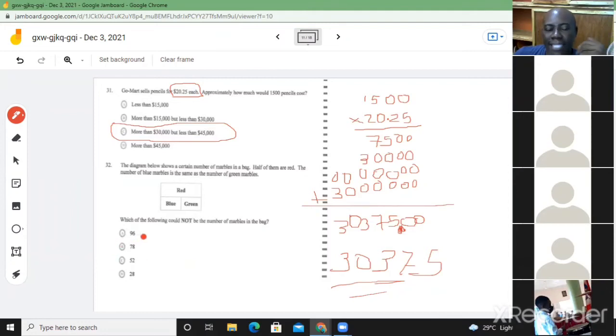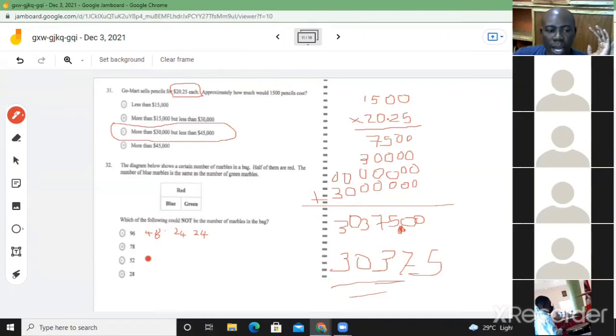Could it be 96? It could be 96 because I could get 48 and then 24 and 24, and I'll get back my 96, because I'll get half of it and I could take a quarter and a quarter for the others because they are the same. Everybody can see that? Sir, it can also be C. And it can also be D. Very good.